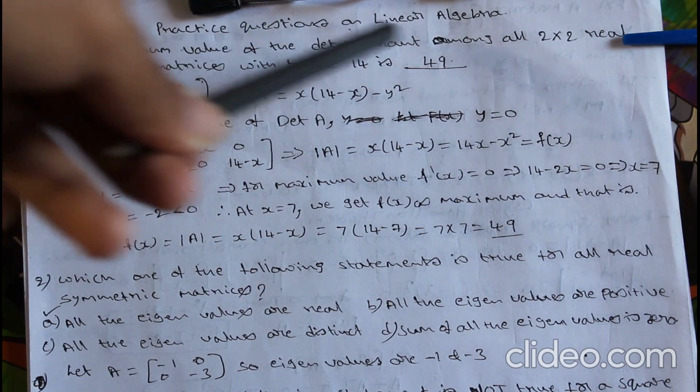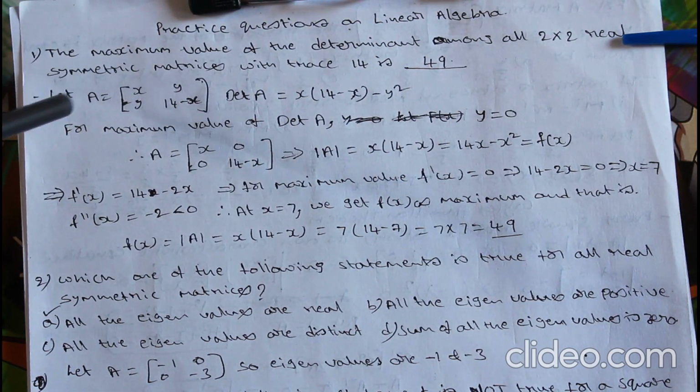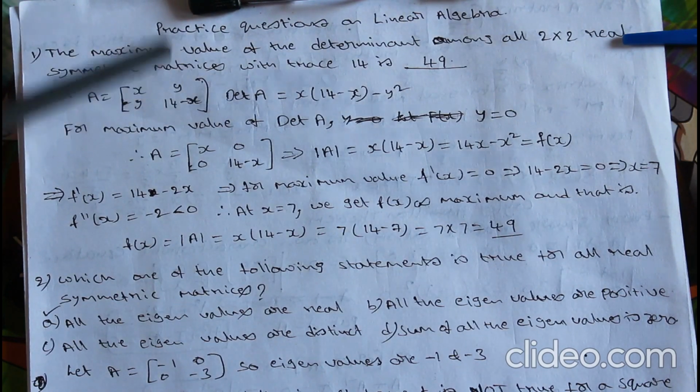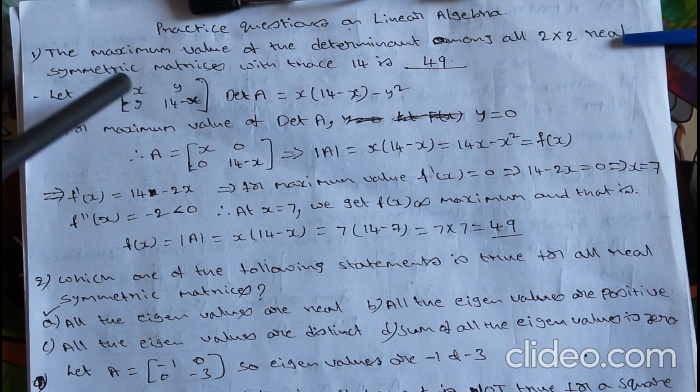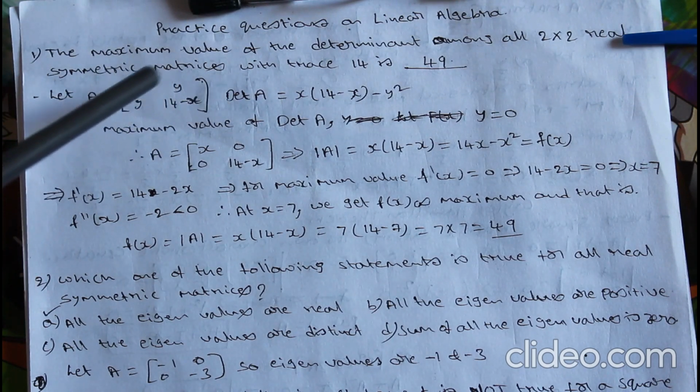Now look at the question. It is mentioned that the matrix is real symmetric. Symmetric matrix means A is equal to A transpose. What is A transpose? We fix the diagonal elements and interchange the remaining two elements, and that must be equal to A itself. If you fix x and 14 minus x, then after interchanging we need to get the same matrix.